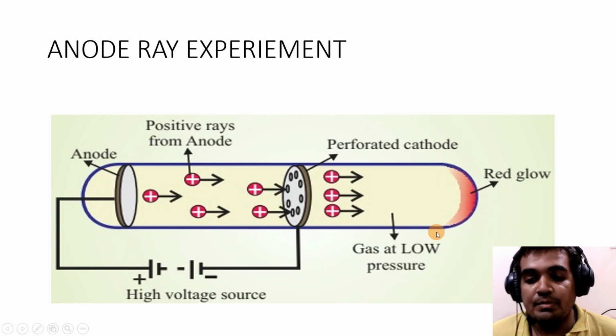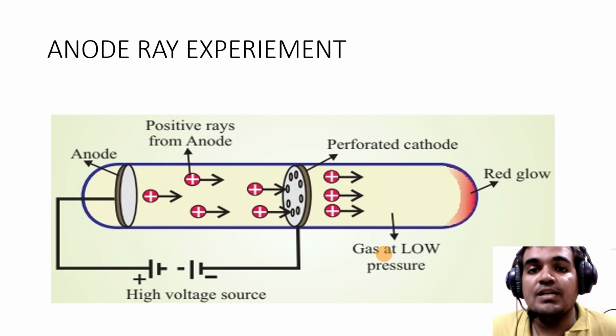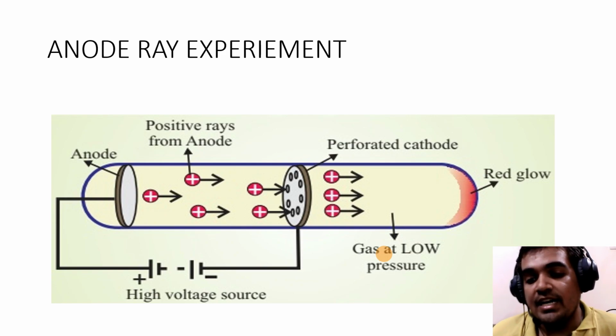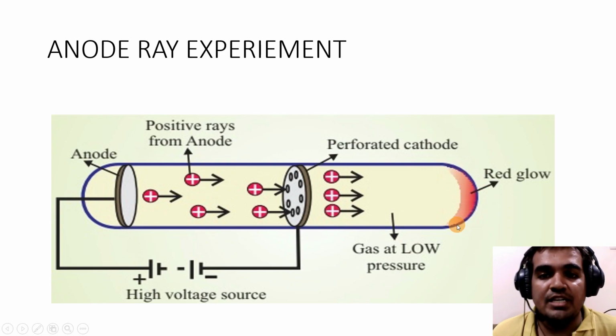Gas at low pressure means the gas inside the tube is maintained at low pressure by connecting the tube to a vacuum pump. Then the red glow is achieved because here the glass tube is coated with a fluorescent material.